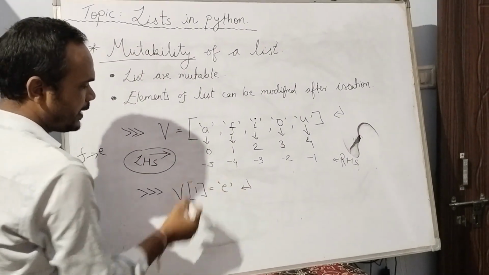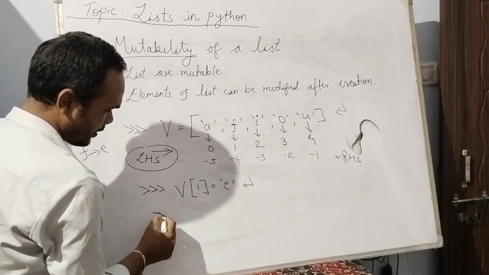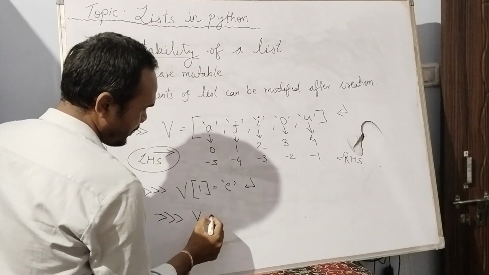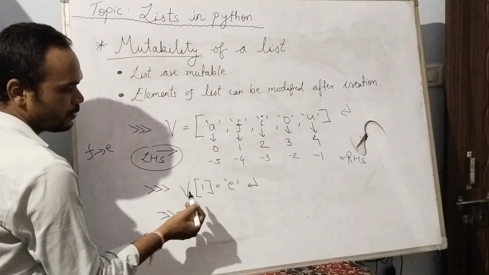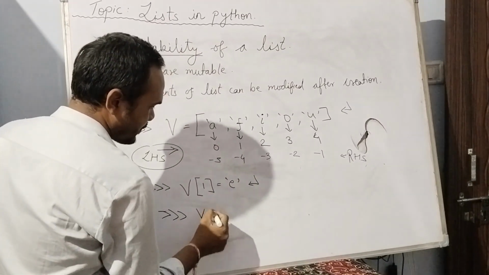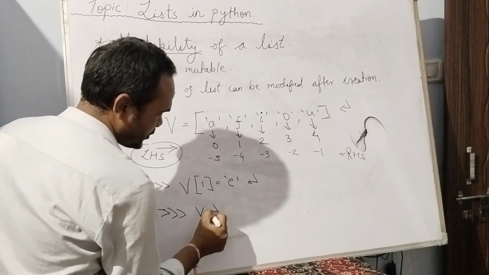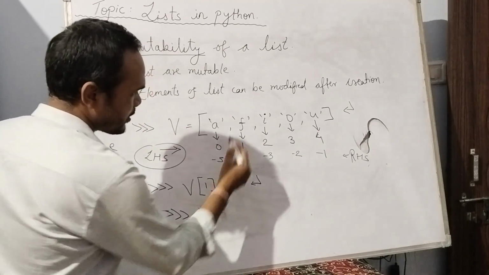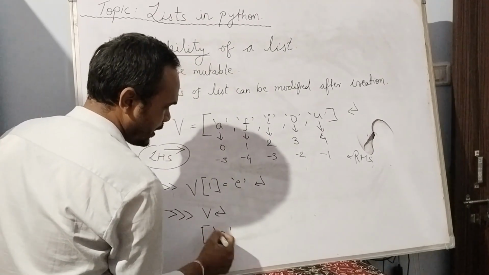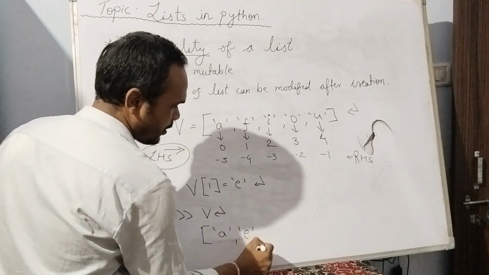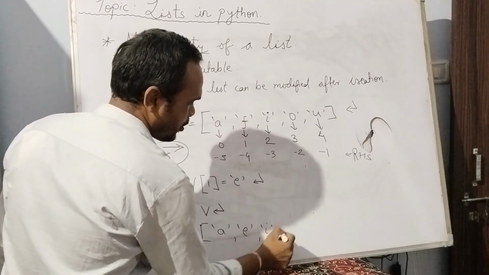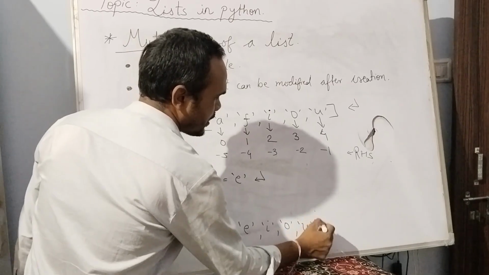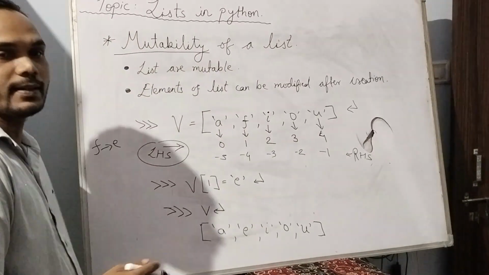Then give here print V, or simply V. When you write V and press enter, the list will be generated in front of you with the values A, E, I, O and U. That is nothing but the vowels inside the list.